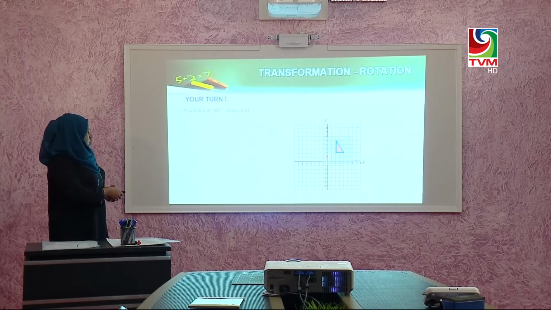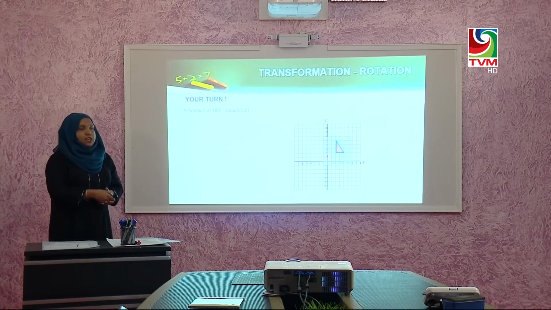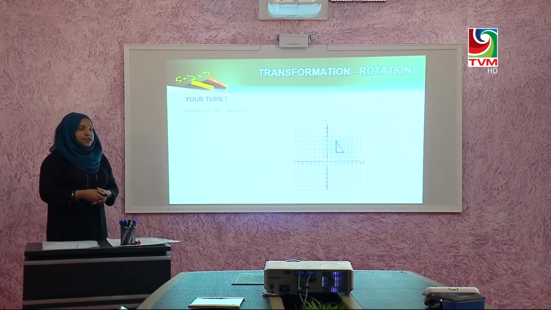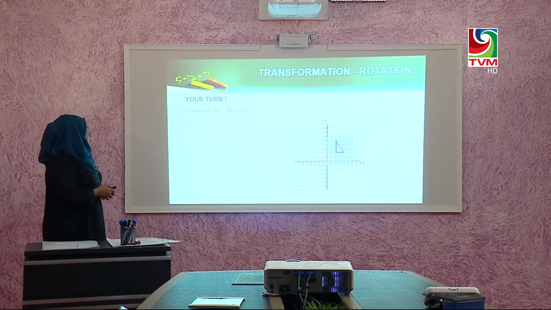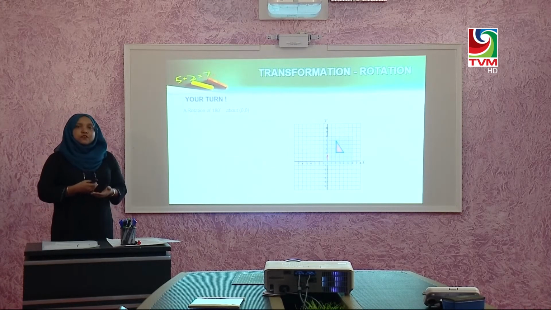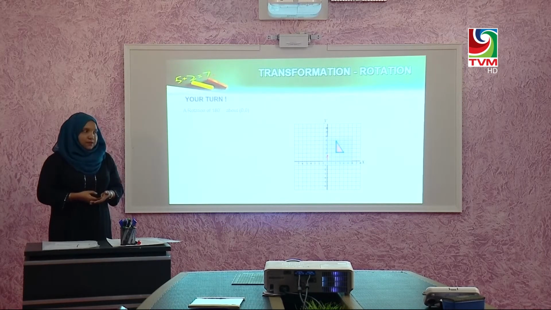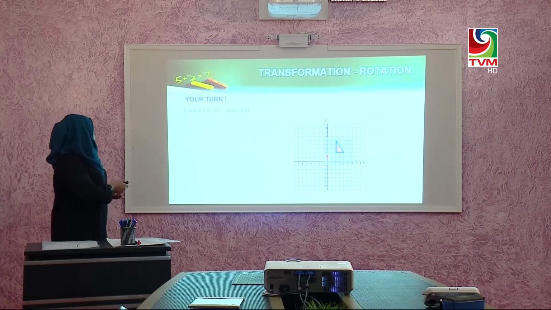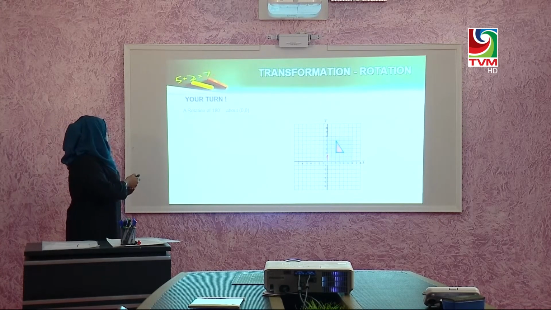Now we have to rotate the paper, right? But which direction are we going to rotate it? As it is 180 degrees about 0, 0, here it is not mentioned whether we have to rotate it clockwise or anti-clockwise. Now look at this angle, it is 180 degrees.